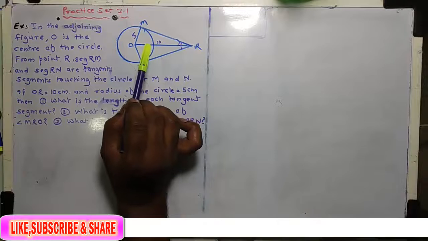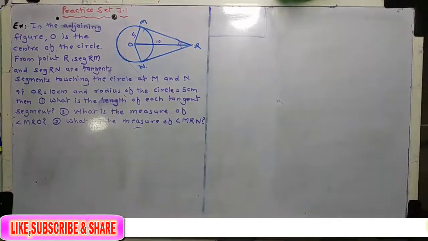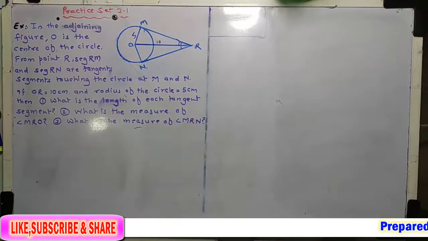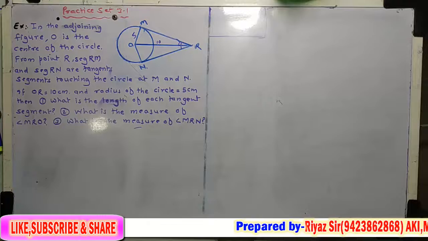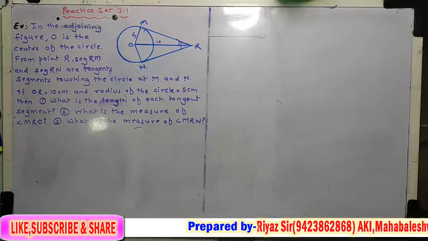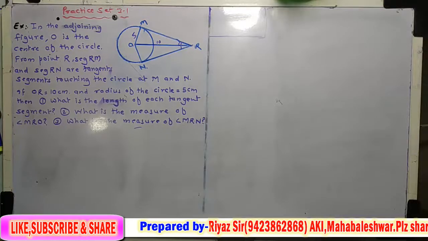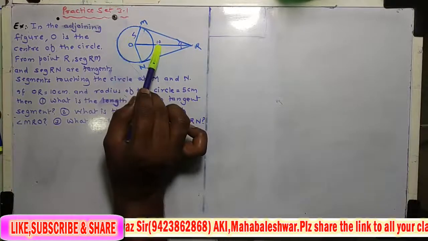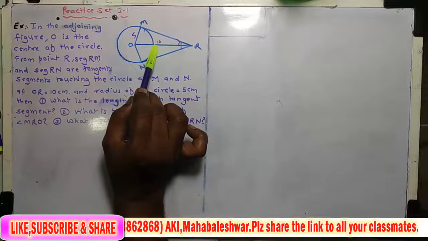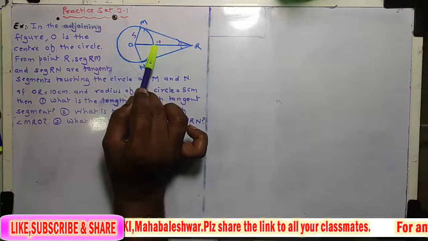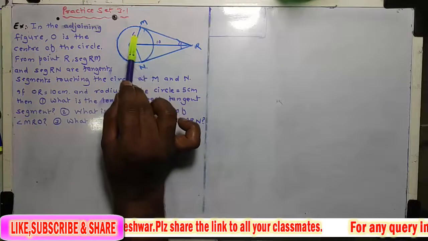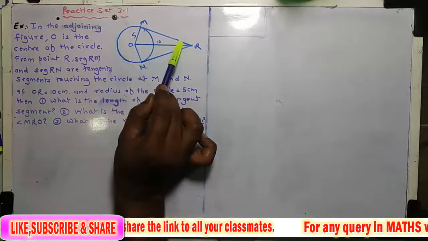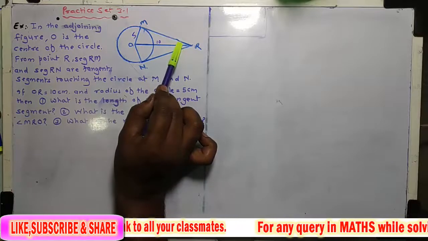Now we have studied the 30, 60, 90 degree triangle theorem. The 30, 60, 90 triangle theorem says the side opposite to 30 degree is half of the hypotenuse, and the converse of the 30-60-90 triangle theorem is: in a triangle, if the length of one side is half of the other side, then the angle opposite to the first side is 30 degree.